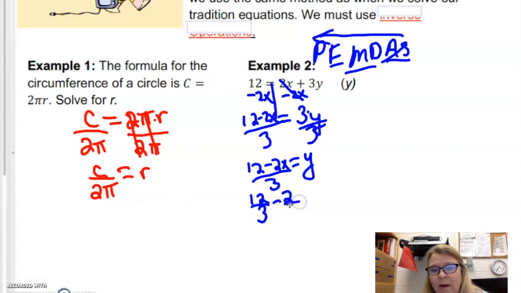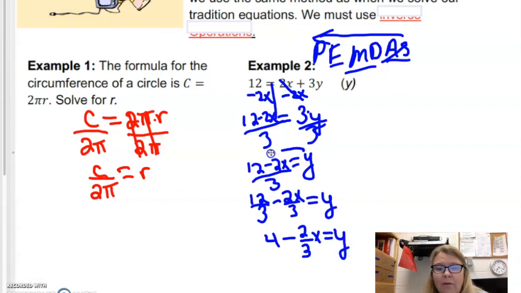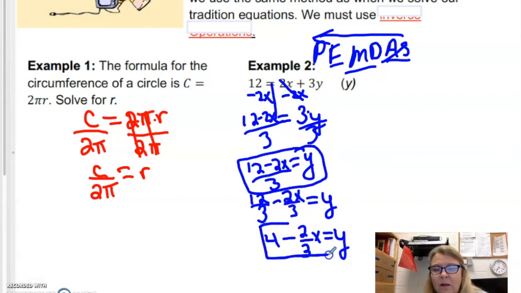So we have the 12 divided by the 3, the 2x divided by the 3, and I'm just bringing the y over here. 12 divided by 3 is 4, and 2 divided by 3 stays the fraction 2/3 x is equal to y. So both of these are truly a correct answer, but this one is the one that we prefer most often because it is in simplified terms.